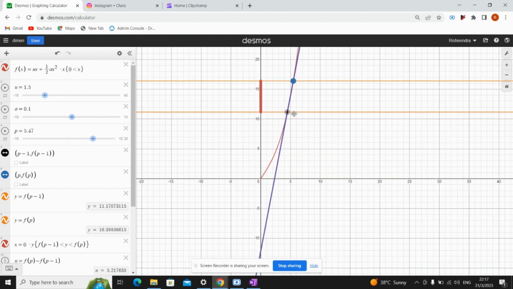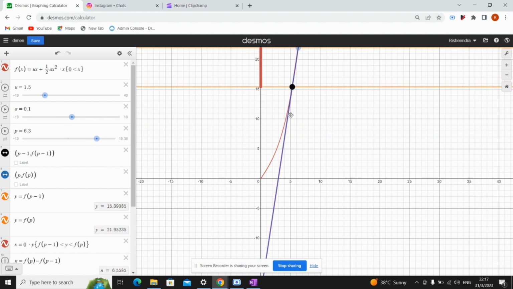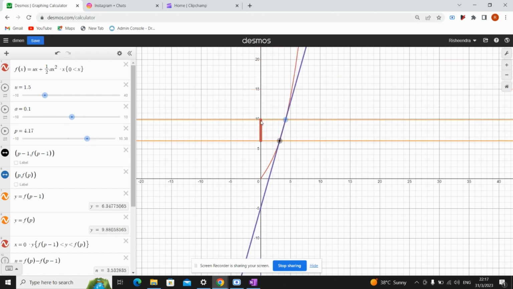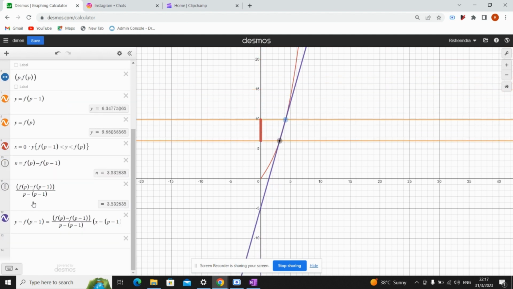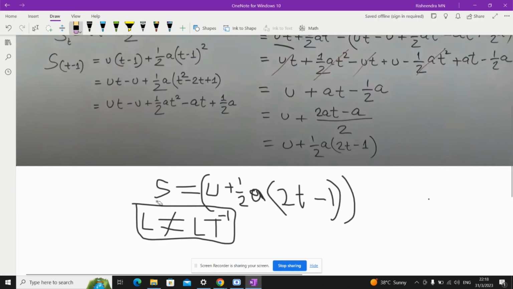The slope of the curve between these two points is equal to the vertical distance because the denominator is 1. Let's check it on the LHS side, the distance s. It's not a direct s. Here s is divided by the change in t, t minus t minus 1, which is 1.